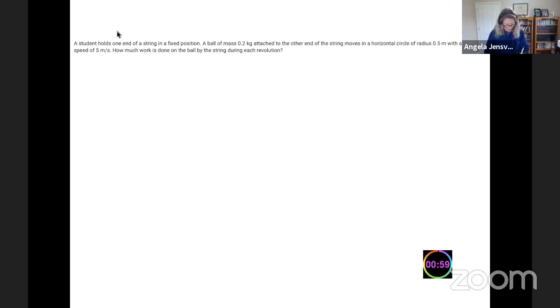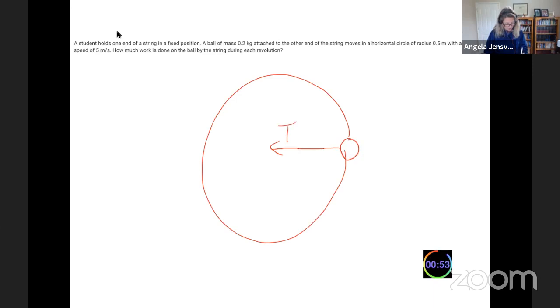Okay, so let's draw a sketch. You have a ball and a string. It's going in a circle, and the force is string on ball. Okay, so where is the point of application of the force? Right here.